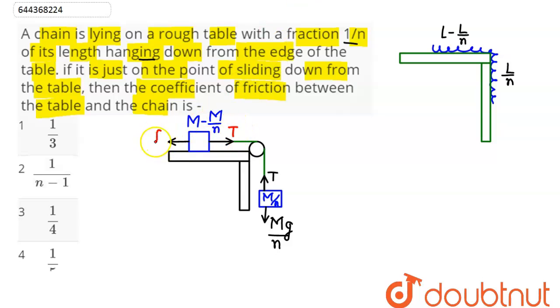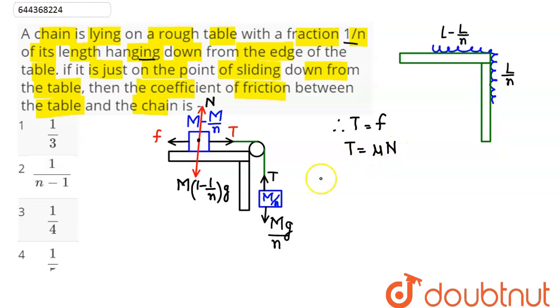So tension will be equal to friction, and the weight of this block will be balancing the normal reaction. From this block equation we have m minus m by n, that is m into 1 minus 1 upon n, into g, equal to normal reaction. Therefore tension is equal to friction. So T is equal to F, which is given as mu into N.